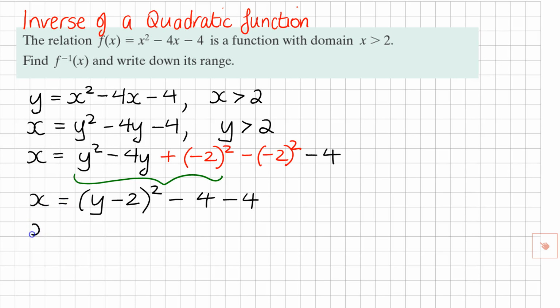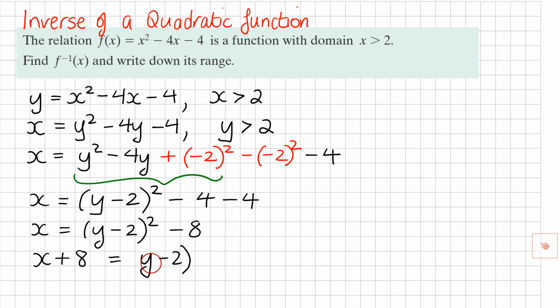Okay, so now just tidying it up, on the right, we have y minus 2 all to be squared, minus 8. So now we have an isolated y, so we'll be able to get this y on its own. So the first thing we're going to do is bring that 8 across to join the x. So we get x plus 8 equals y minus 2 squared.